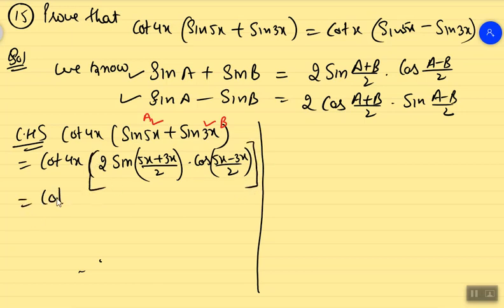Now cot 4x. We know that 5x plus 3x is 8x, 8 by 2 that is 4x. Cos 5x minus 3x is 2x, 2x divided by 2 is x.